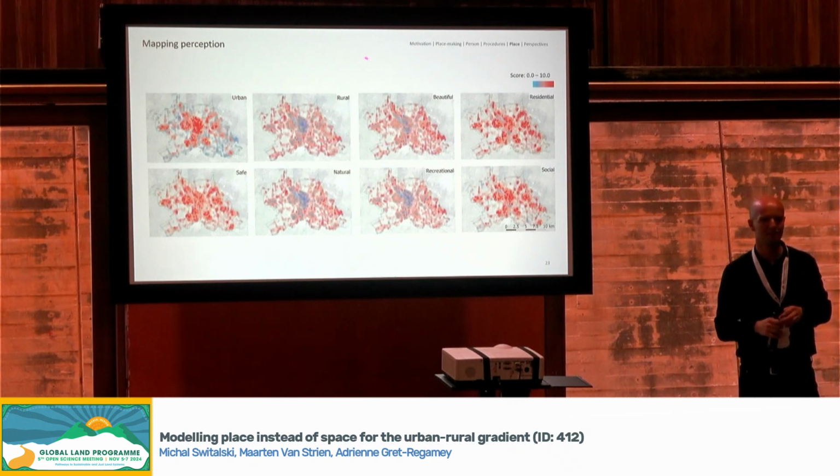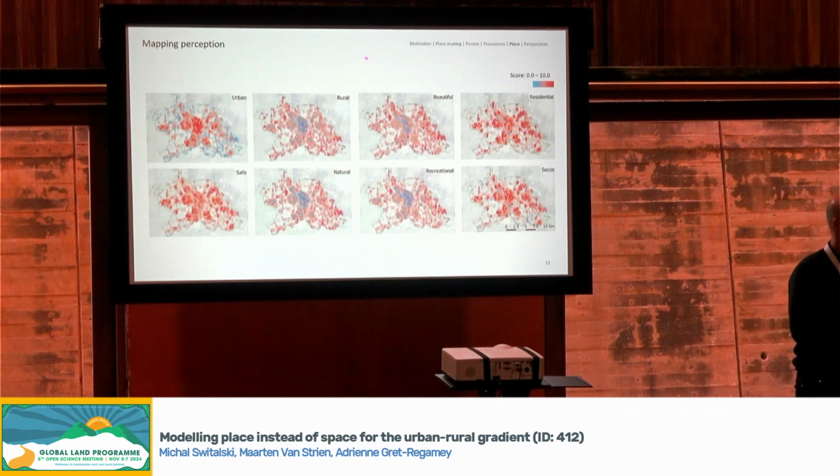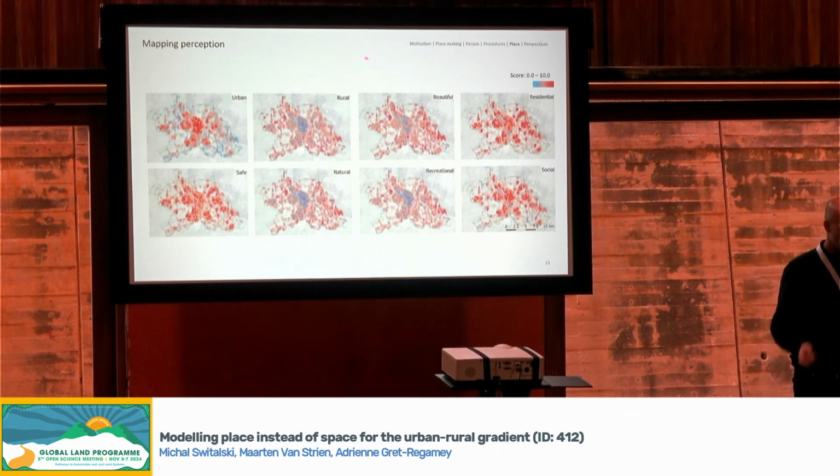Any other questions? Okay, I was asked about whether we have looked at the backgrounds of the participants and teased out those who grew up all their lives in an urban area versus those who grew up in a more rural area, if we detected any differences. We did this in other experiments.